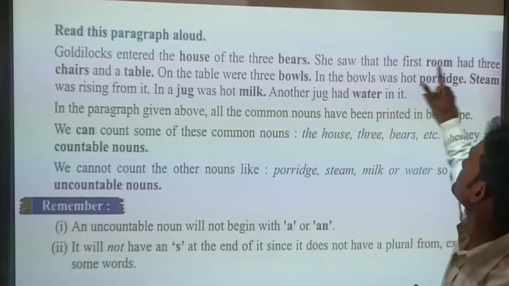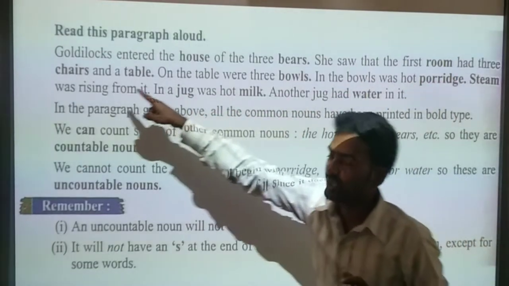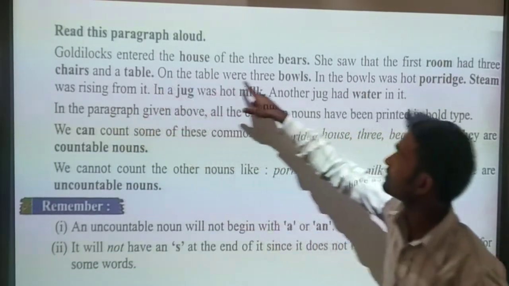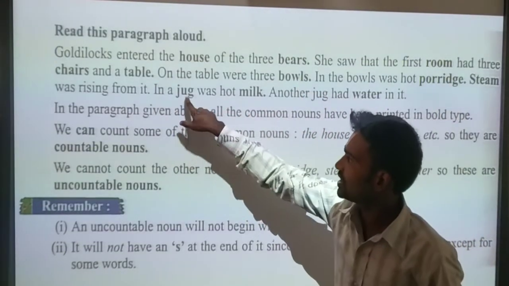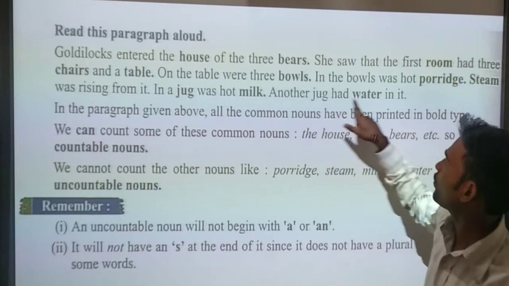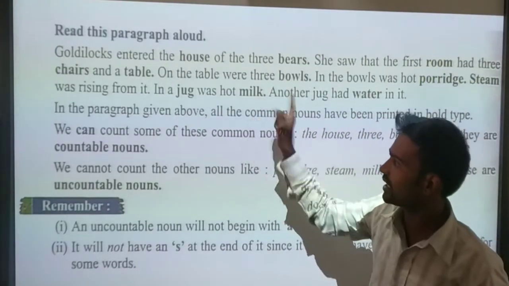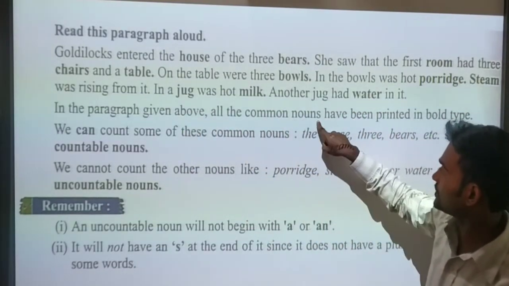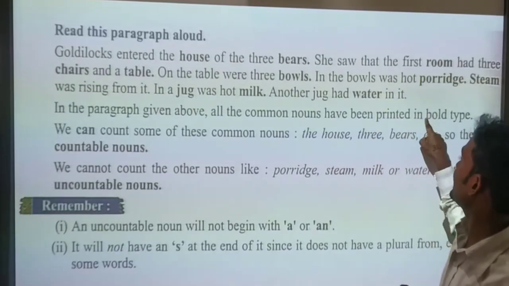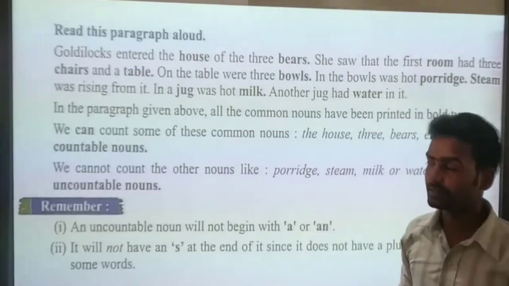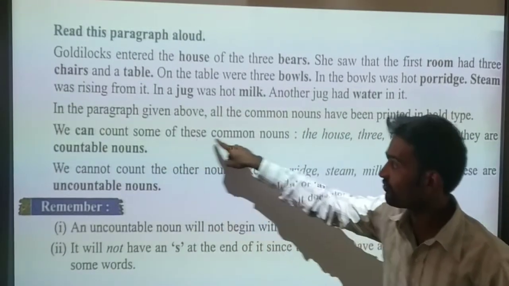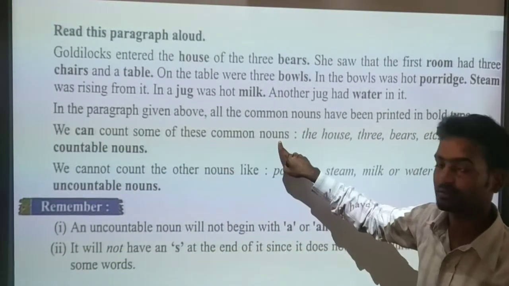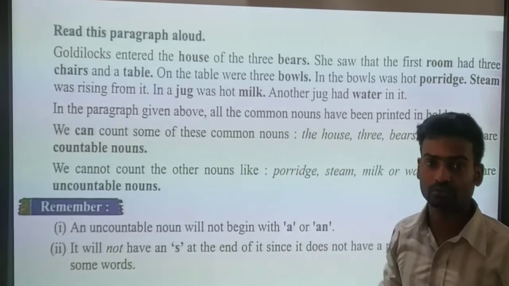House, bears, room, chairs and table, bowls, porridge, jug, milk, water. All these bold words are called common nouns, being printed in bold type. Right? We can count some of these common nouns.